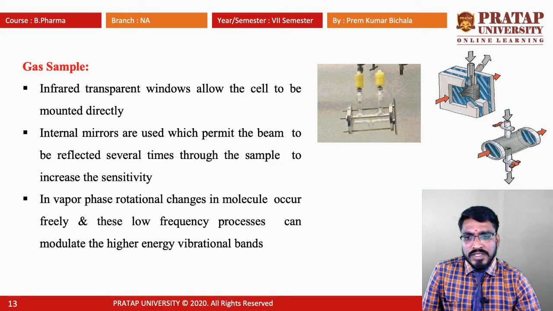In the vapor phase, the rotational changes in molecules occur freely, and these low frequency processes can modulate the higher energy vibrational bands. First of all, we have to fill the gas sample in the transparent window cell, and that should be allowed for the determination using IR spectroscopy.